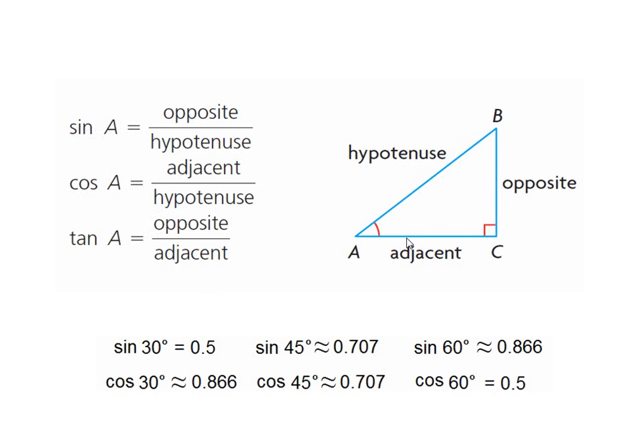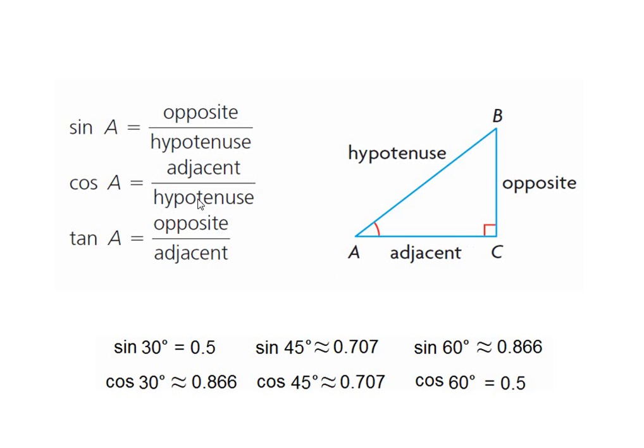In the right triangle, sine theta, sine of this angle, is defined as opposite over hypotenuse. Cosine of this angle is equal to adjacent over hypotenuse. And tan of this angle is defined as opposite over adjacent.